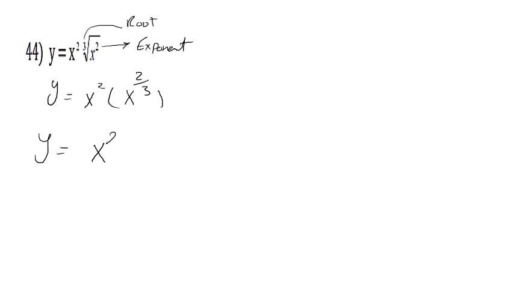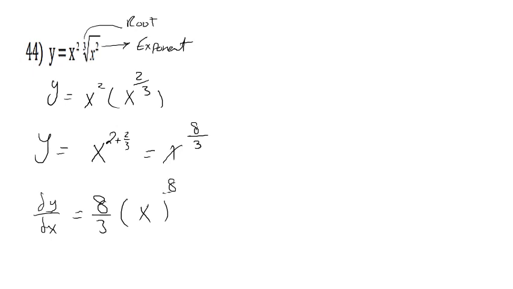So it's 2 plus 2 over 3, so it's x to the power of 8 over 3. Now I can find dy by dx, and dy by dx is equal to putting down the power and subtracting 1 from the power, so 8 over 3 minus 1. So it's 8 over 3 x to the power of 5 over 3.